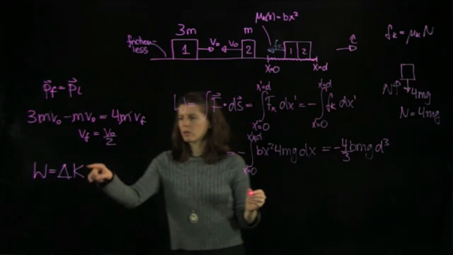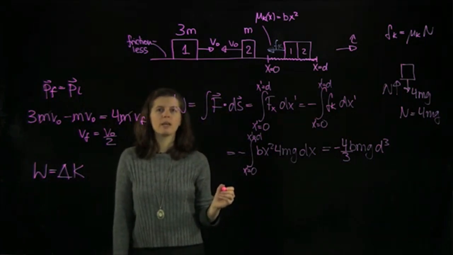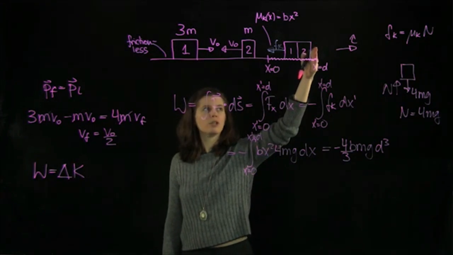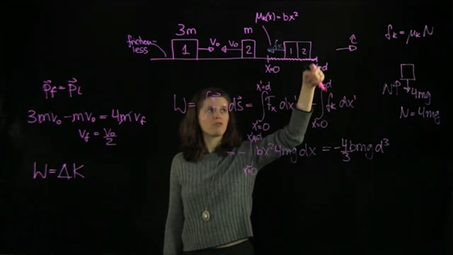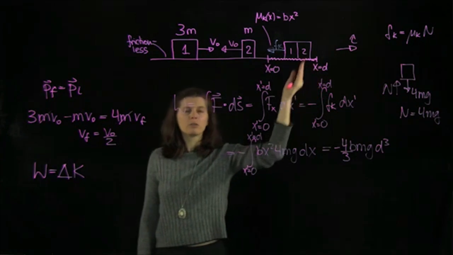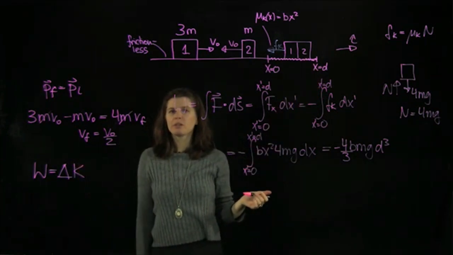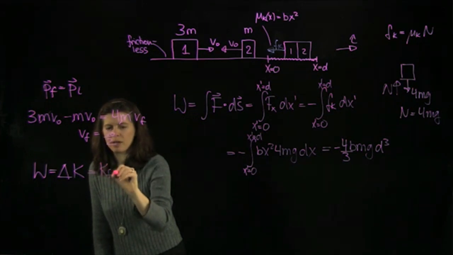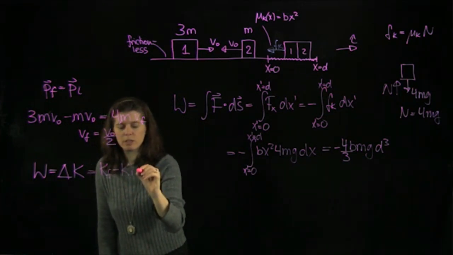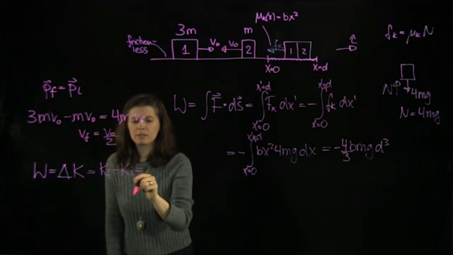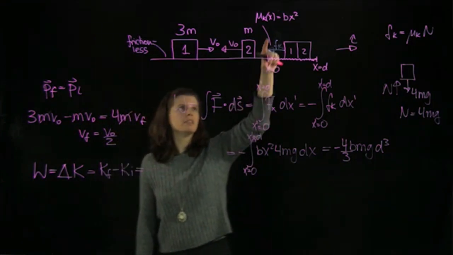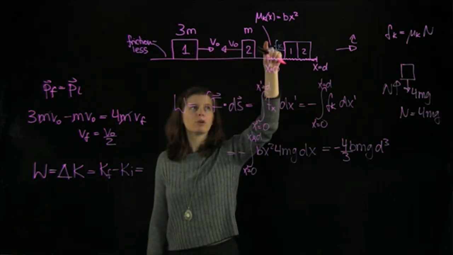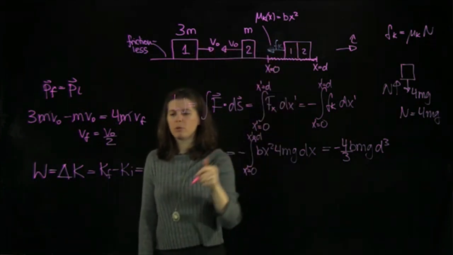And now we need to look at the change in kinetic energy between here and there. We already know that this block is at rest at x equals d. So if the velocity is 0, our kinetic energy will be 0. And so our K final minus K initial is going to be just a minus initial. And that initial is here, which is the final situation of our collision. So we're going to look at the combined block.